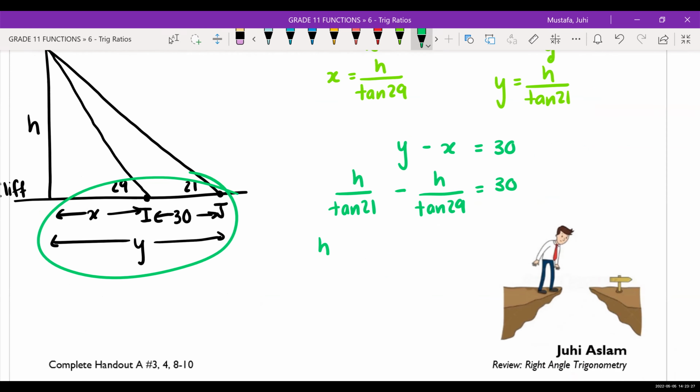It's going to be H, and I'm left with 1 over tan 21 minus 1 over tan 29 is equal to 30. We're going to get our calculator. We're going to go bracket 1 divided by tan 21 close bracket minus bracket 1 divided by tan 29 close bracket. Let me know what you guys get.